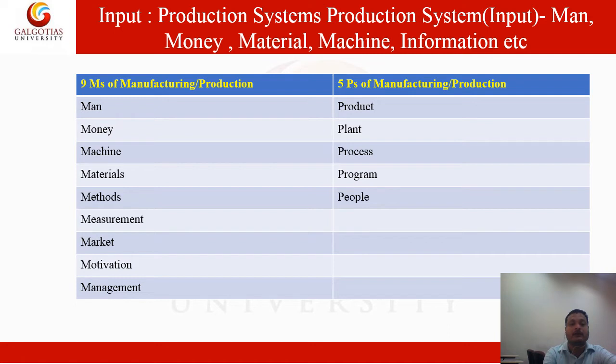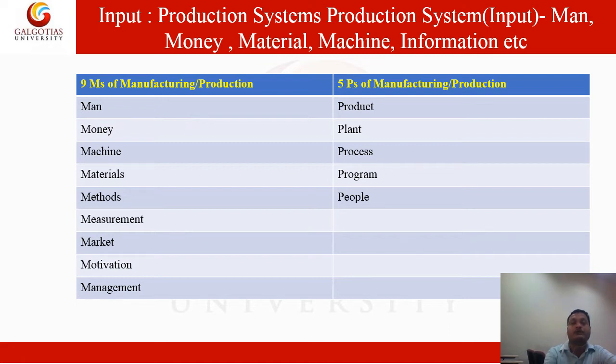Measurement is nothing but every amount should be measured in a proper way, then only we will be able to produce something in a planned way. And the market is the place where selling and buying take place.